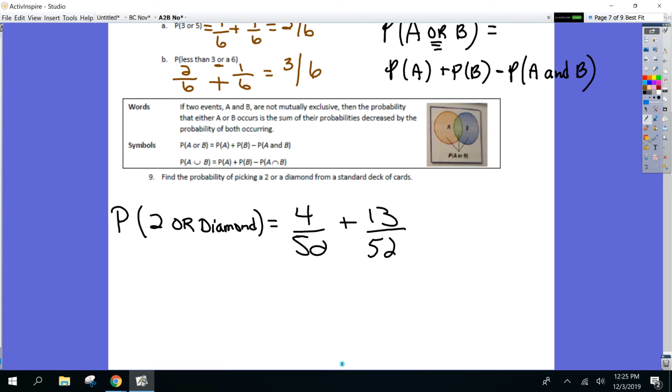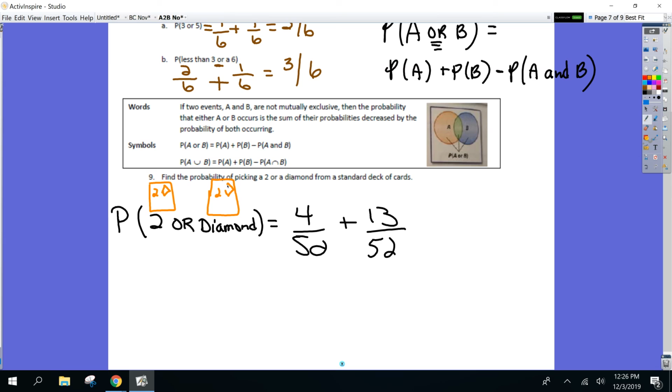Here's where you've got to be careful, because this did not happen above. Can you get a card that is a 2 and a diamond at the same time? Yeah, you can. It's called the 2 of diamonds. Here's what you just did. Here's the 2 of diamonds. You counted for that one, then you counted it again.